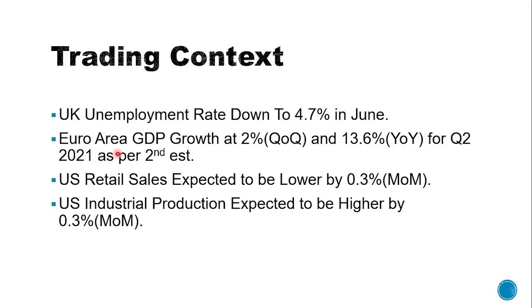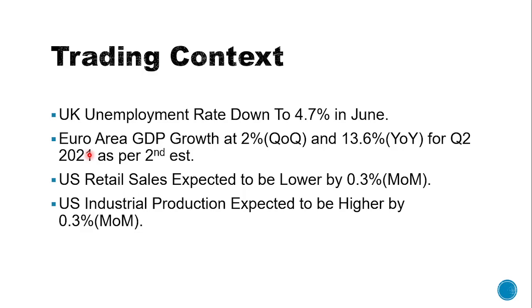For the Euro area, the number of employed people has gone up by 0.5% quarter on quarter and 1.8% year on year for the quarter ended June 2021. GDP growth is at 2% quarter on quarter and 13.6% year on year for the second quarter of this year.